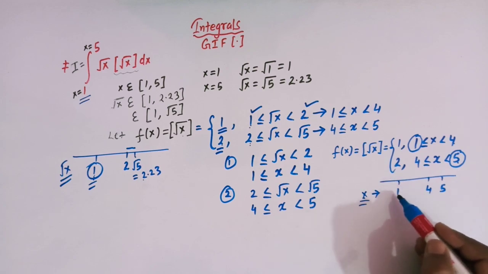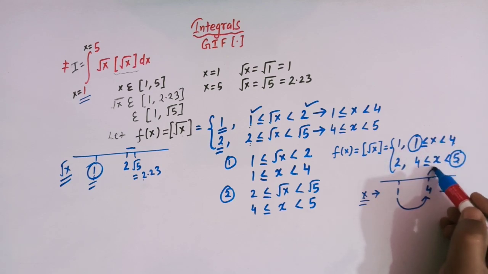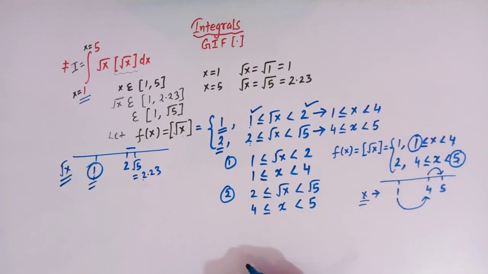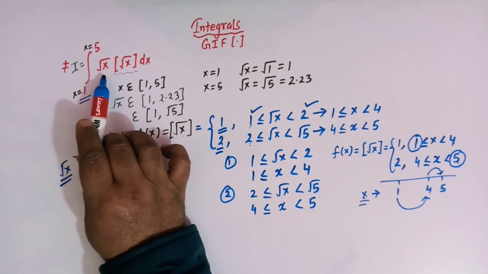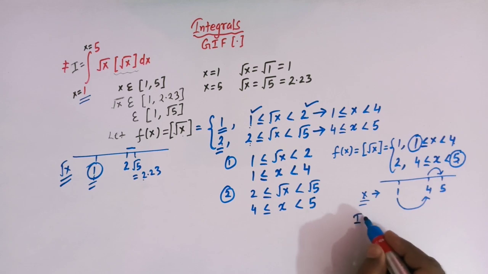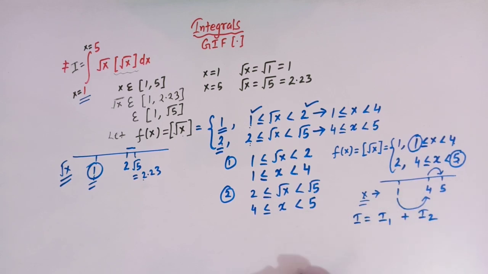Now x varies first from 1 to 4, and then it varies from 4 to 5, right? So this implies that we have to split this integral as a sum of two integrals, that is I1 and I2. I1 goes from 1 to 4, and I2 goes from 4 to 5, right?